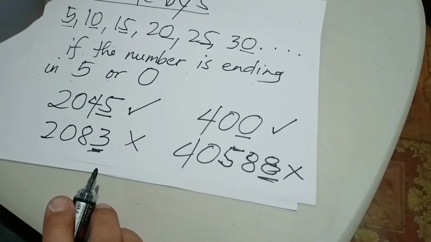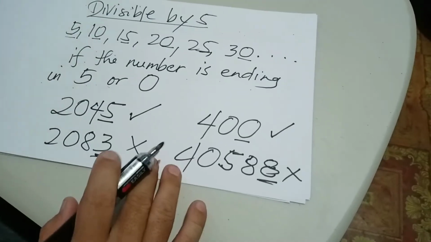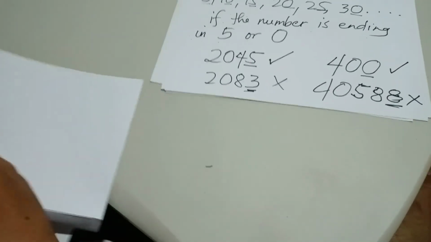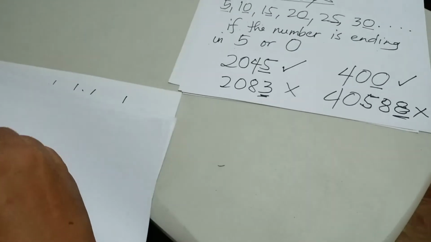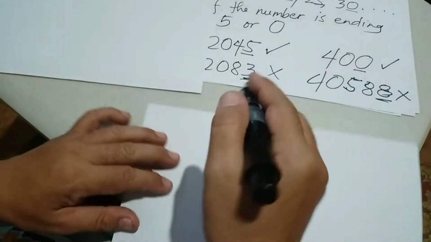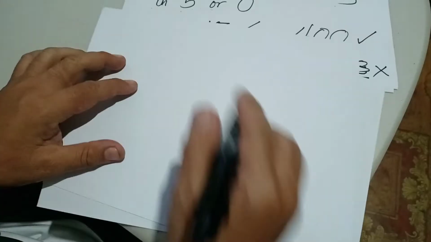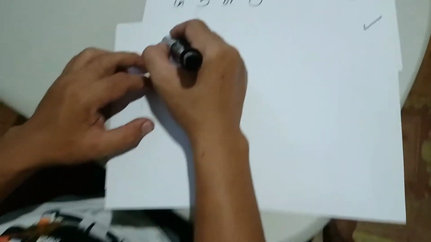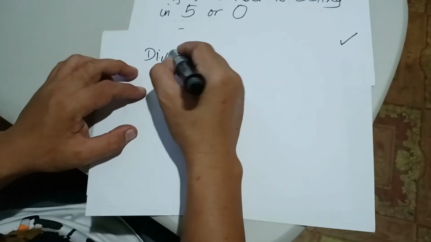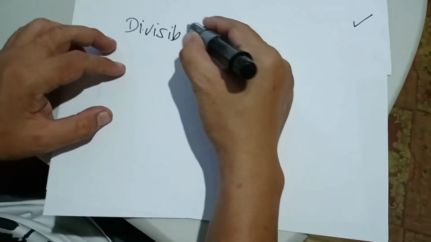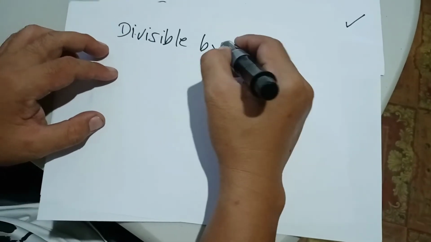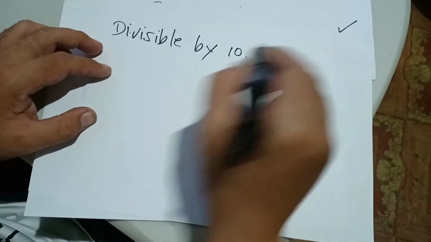Okay? Now, let's proceed now to divisibility by 10. How will you know that the number is divisible by 10?